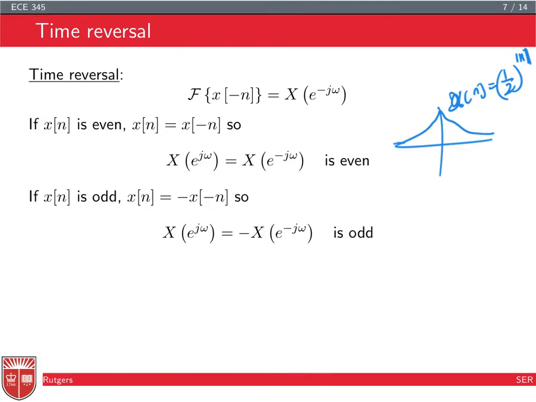That's an even signal, and in this case the DTFT is also even. And if the signal is odd, then the DTFT is also odd. This follows from the time reversal property.